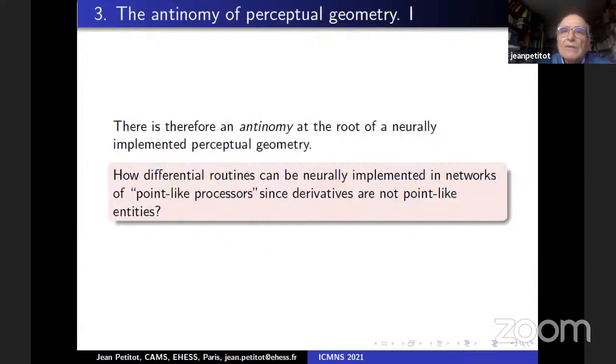There is therefore a sort of antinomy at the root of a neurally implemented perceptual geometry: how can differential routines be neurally implemented in networks of point-like processors, since derivatives are not point-like entities?